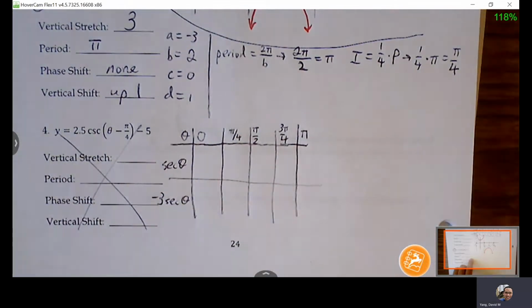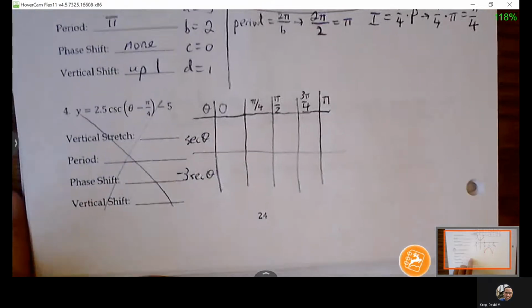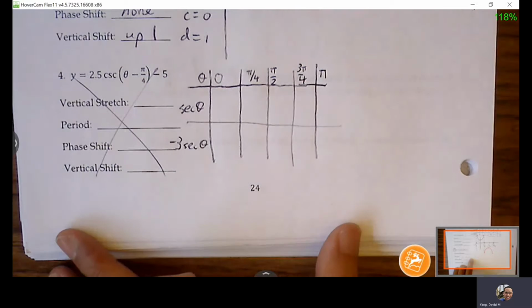Okay, so secant is going to start, treat it like a cosine.